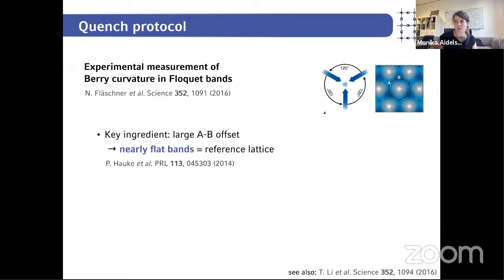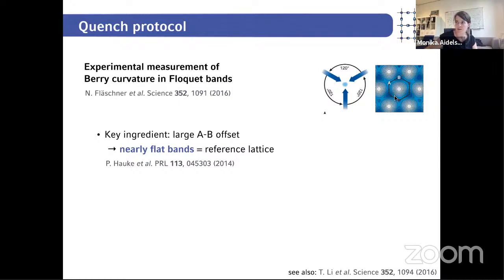If you play with the polarization of these three beams, you can imbalance the lattice such that either the A or B sublattice wells become deeper. So this allows you to introduce an energy offset between the two sites. And the circular shaking can be implemented by introducing frequency detunings between the beams, which we also used in order to accelerate the lattice.